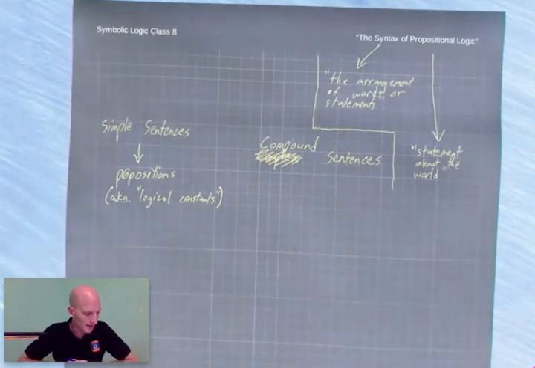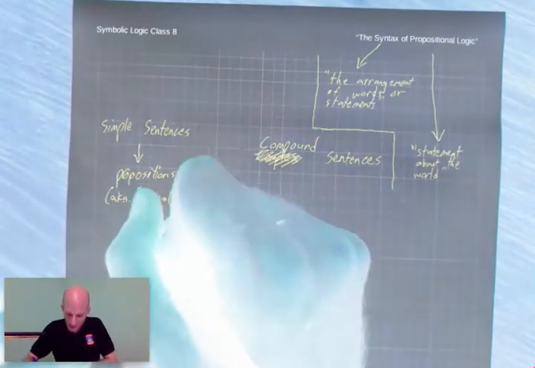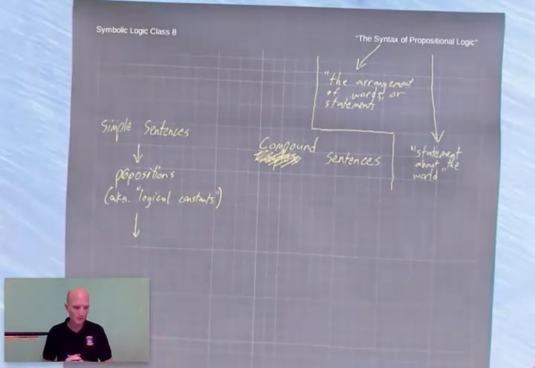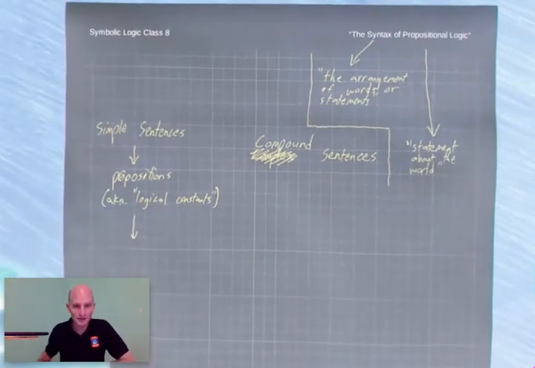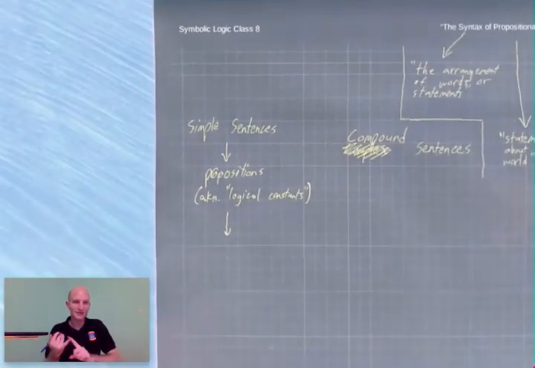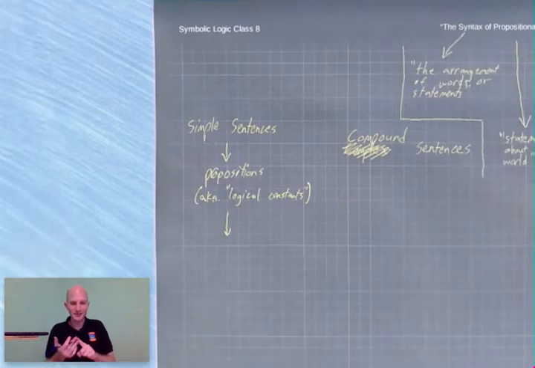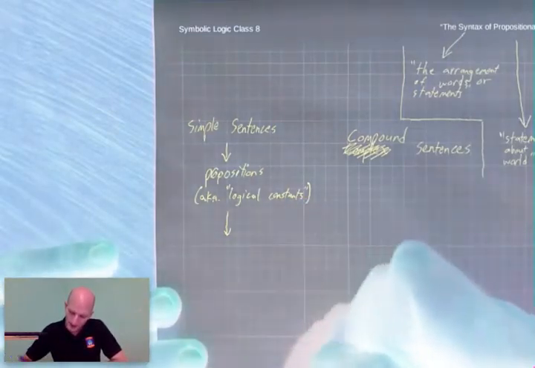Now, before I talk about the meaning of compound sentences, I want to talk a little bit more about simple sentences. In logic, we describe simple sentences using a string of letters, digits, and underscores.